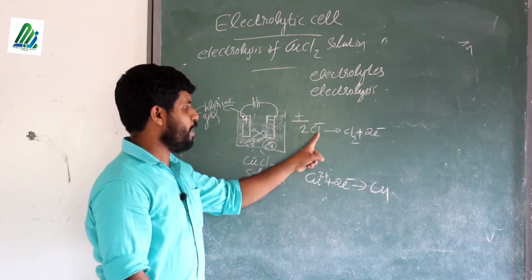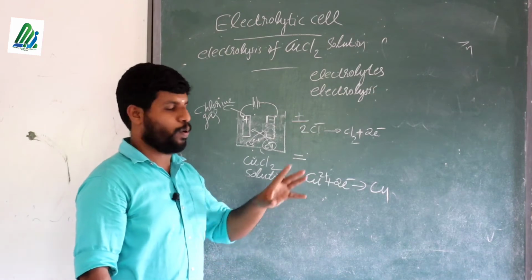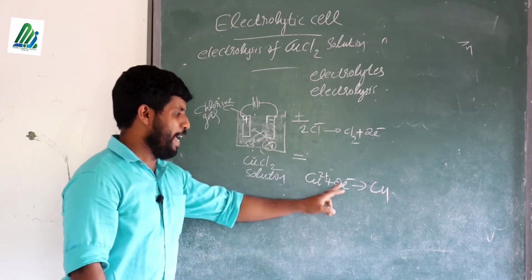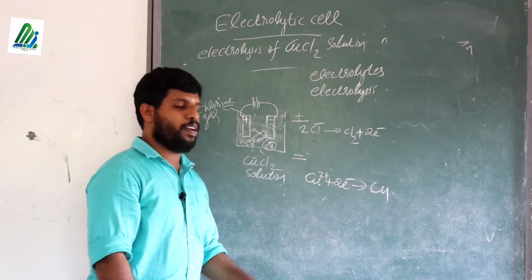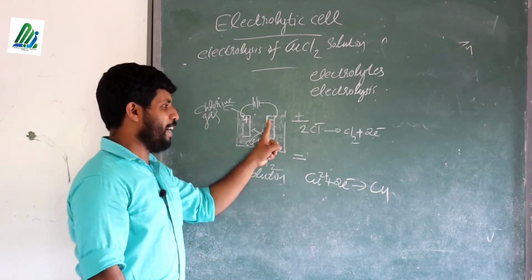Then the Cl- ions donate electrons and become chlorine molecules, or chlorine gas, and the Cu2+ ions at the negative electrode accept the electrons and become Cu atoms. Cu is a metal, so it forms a layer on the negative electrode.